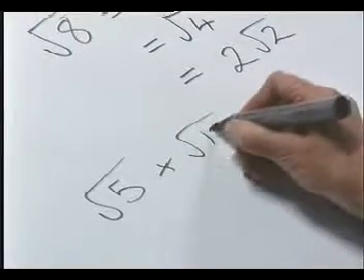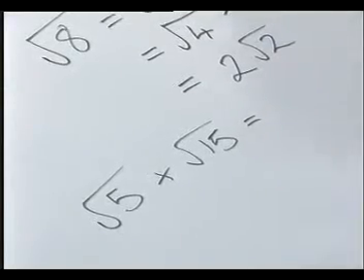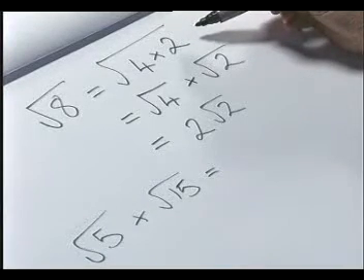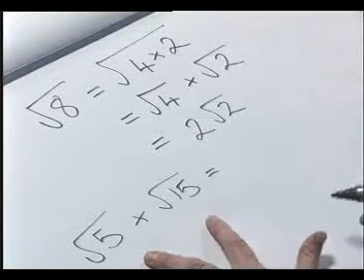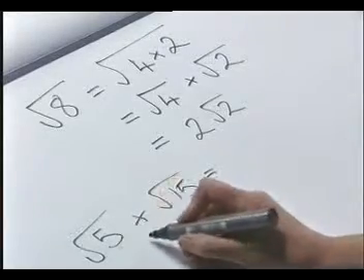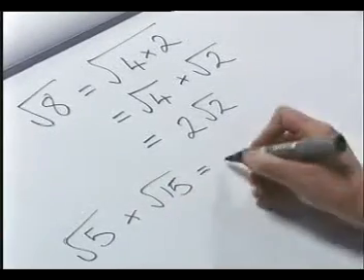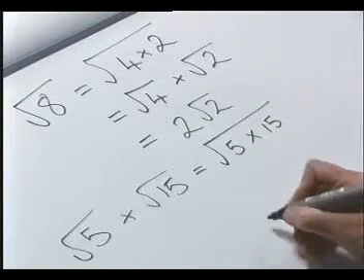What about this one? What about the square root of 5 times by the square root of 15? Now, in the previous example, the product of the square roots is equal to the square root of the products. So we use that fact to rewrite this expression in another way. The square root of 5 times by the square root of 15 is the square root of 5 times by 15.